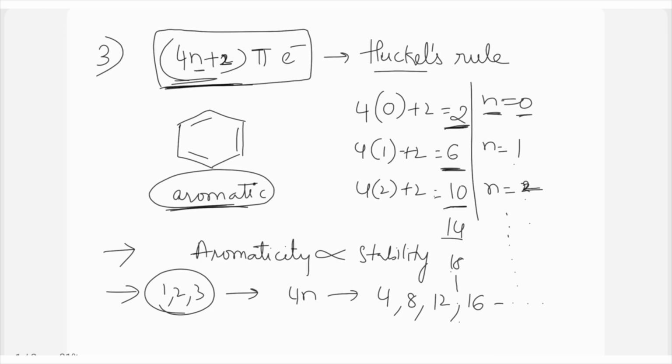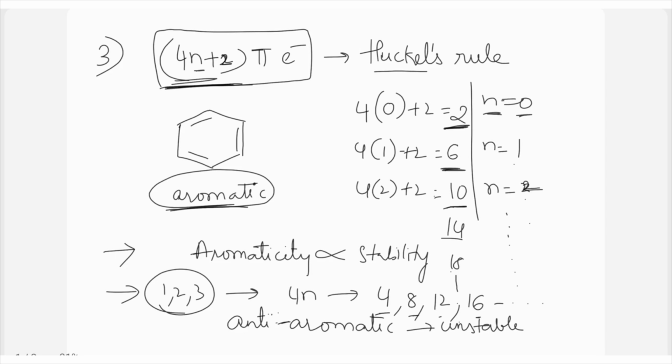If the number of pi electrons inside the ring is equal to 4, 8, 12, 16 and so on, instead of 2, 6, 10, 14, such compounds are called anti-aromatic compounds. Aromatic compounds are very stable, anti-aromatic compounds are unstable.